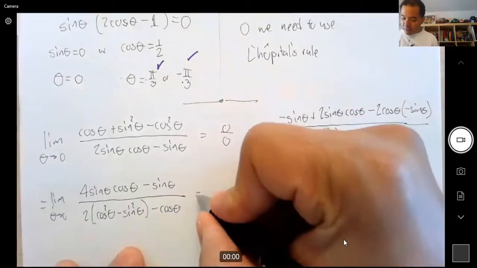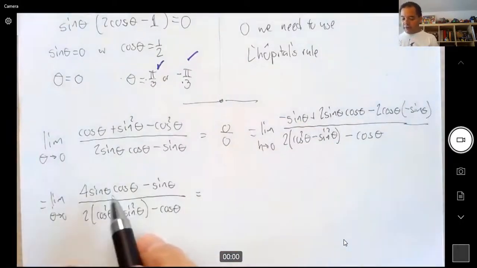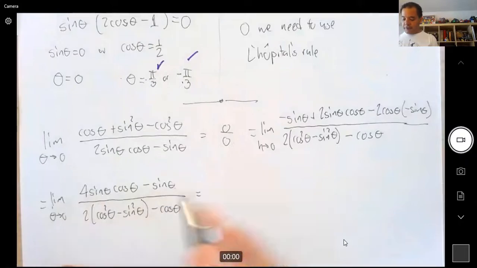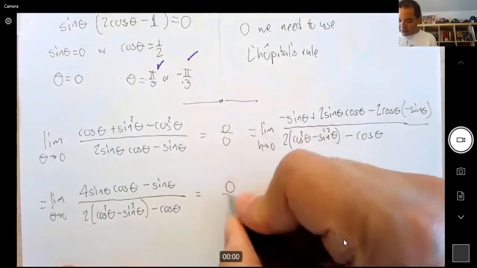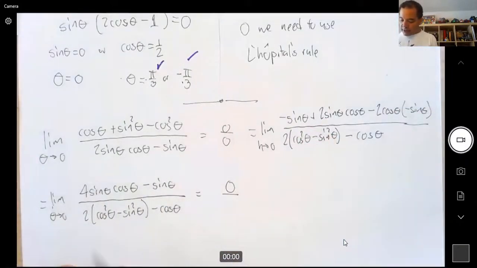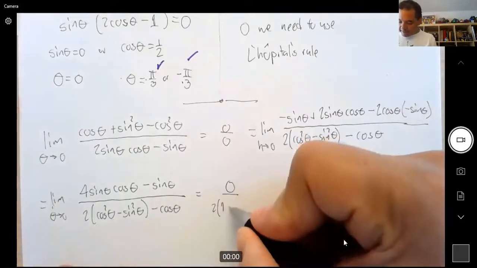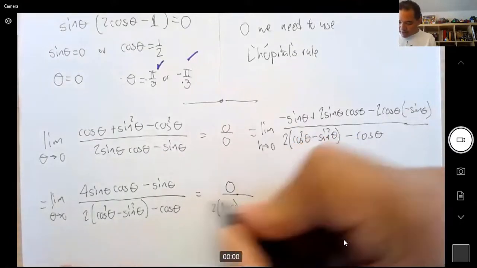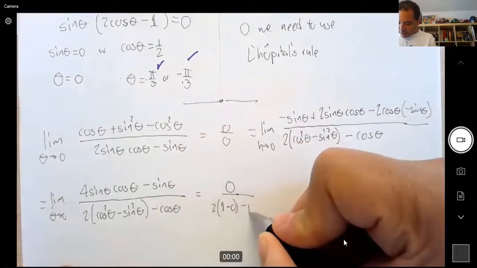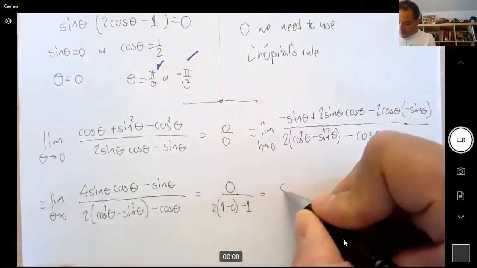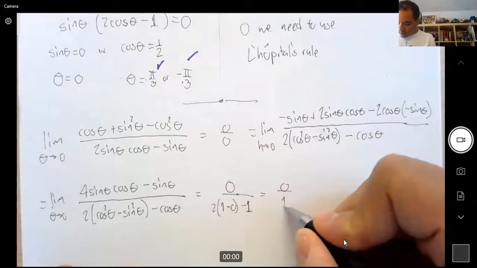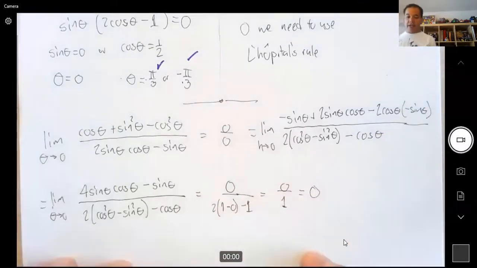So what happens when we plug in 0? Sine of 0 is 0 and sine of 0 is 0. So on the top we get 0. But on the bottom we get cosine of 0, which is 1, and then cosine of 0, which is 1. So this is 0 over 2 minus 1. So it is 0.